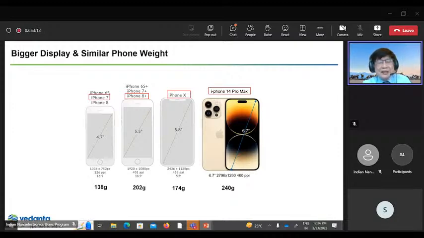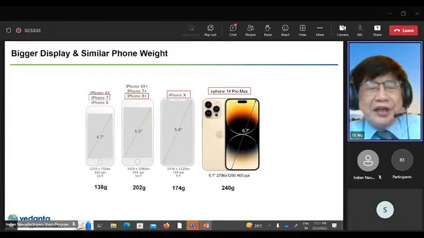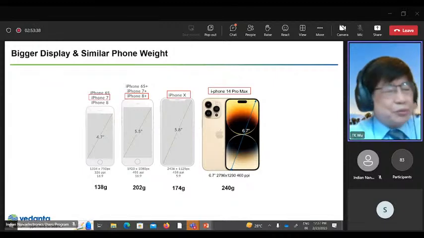So we can see the form function became 10 times, 20 times better than the previous one. The panel size became much bigger, but the weight is still around 200 grams or a little bit more. Okay, next one, please.